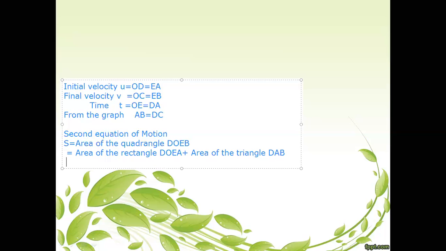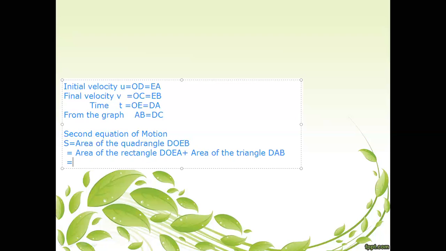So next, for the area of the triangle, we write down AE and OE, because this is based on the time.